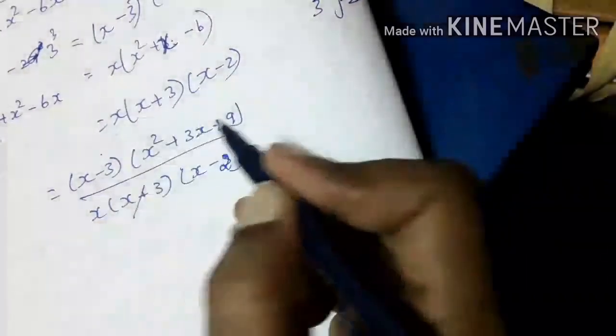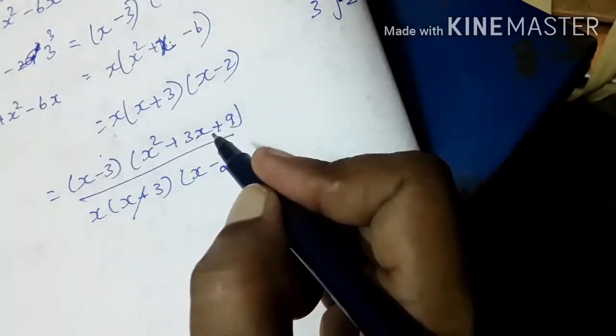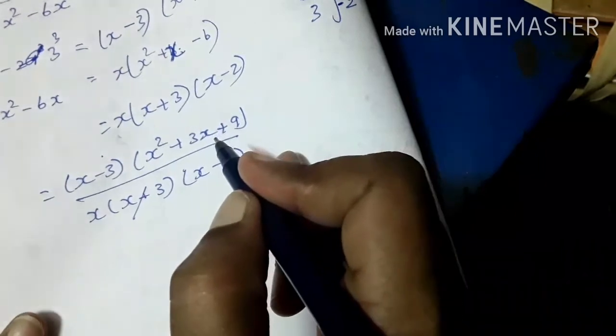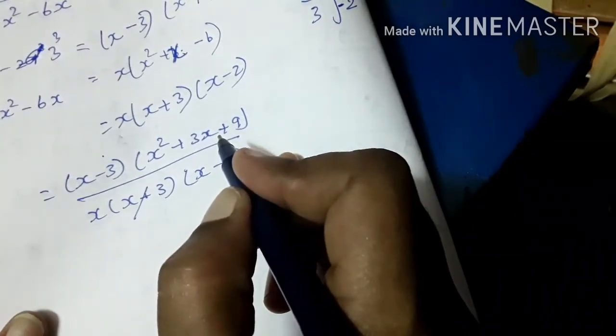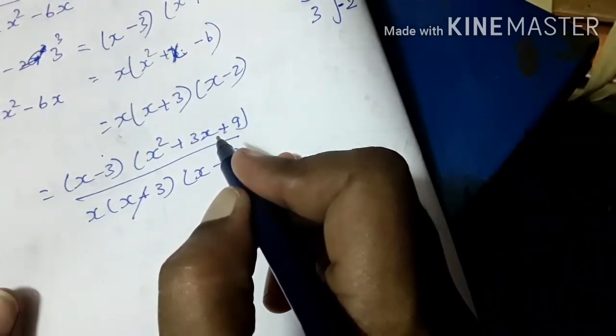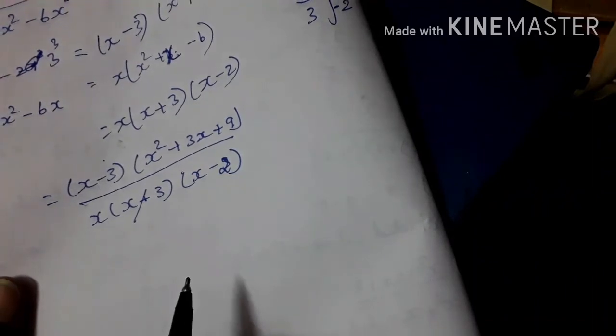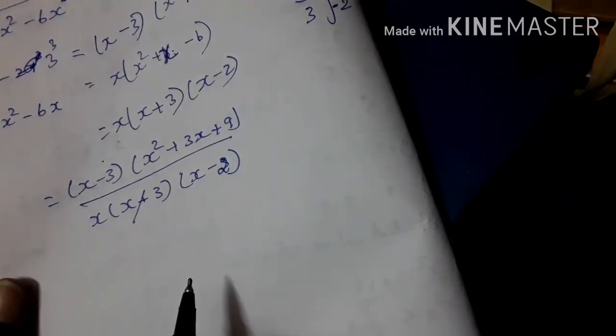So what can we cancel? X plus 3 and x minus 3 we can't cancel. So we have to put all the values to find the x values, because nothing can cancel.